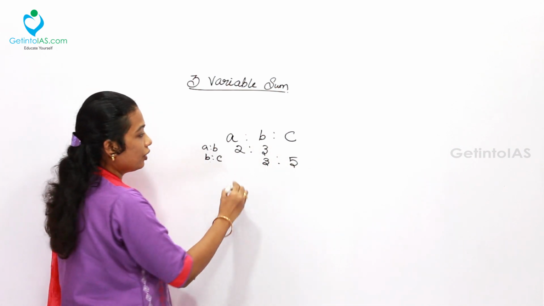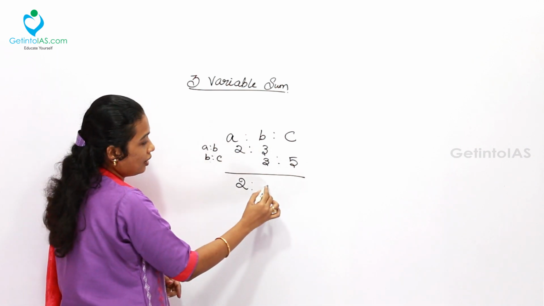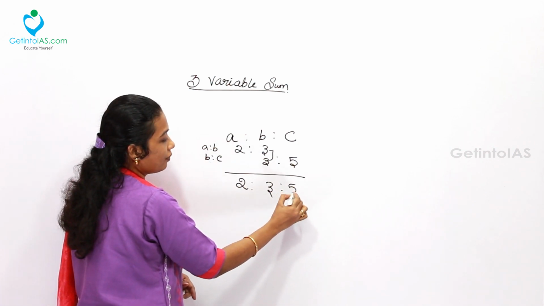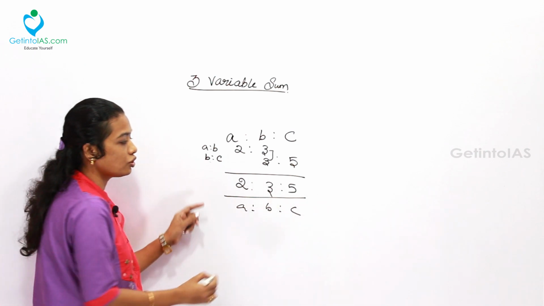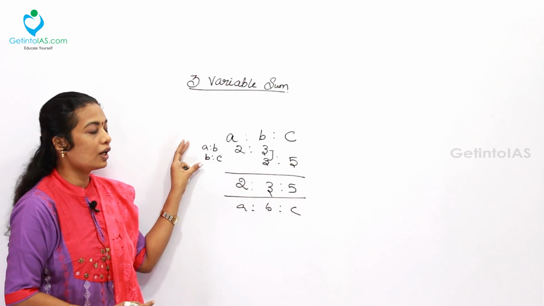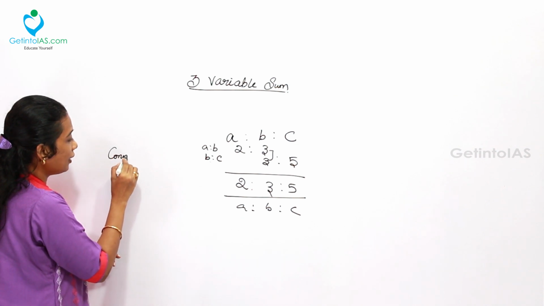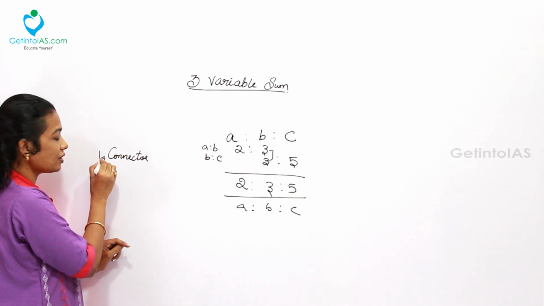Now, finally, you can arrive at A is 2 and B is 3 because both are same. Then C is 5. Finally, the ratio between A is to B is to C is 2 is to 3 is to 5. You can follow this rule only when the connector is presented in the question. That is the first condition.